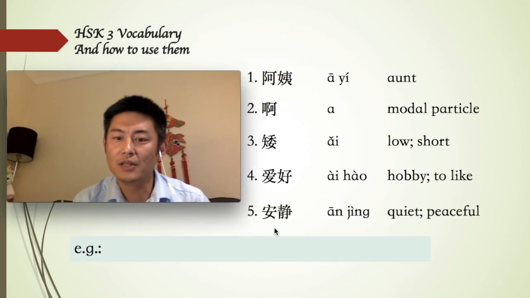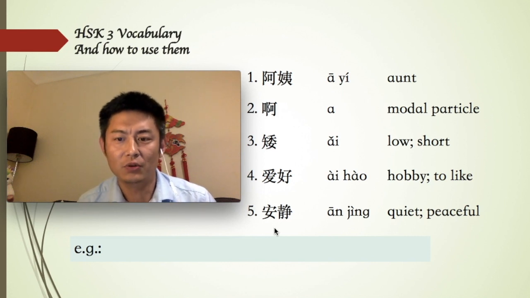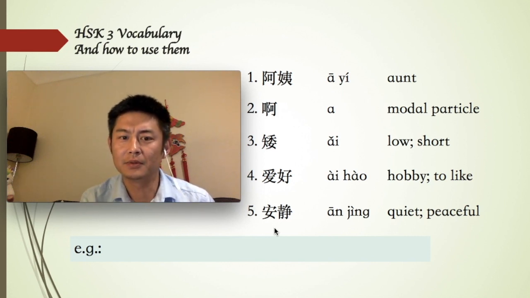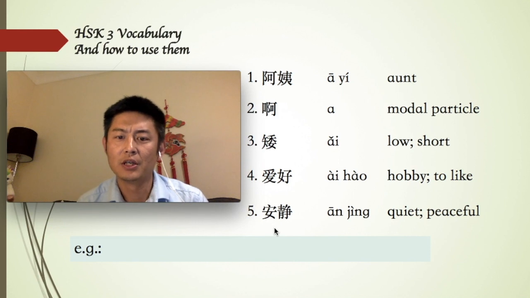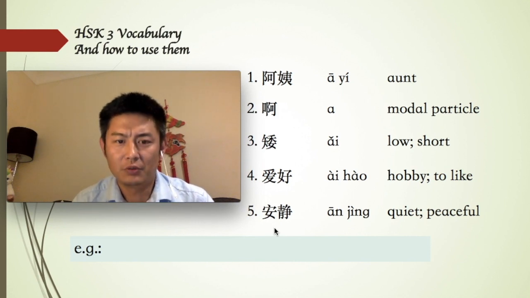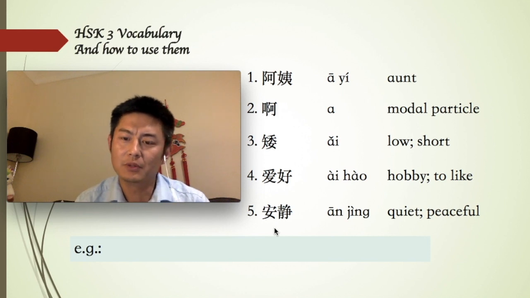The last one is 安静, quiet, or peaceful, or silence. As a teacher, I love to use this word with my very noisy students. 安静! That's what I say in class when I want them to be quiet. Or it can be peaceful. It could be a place like 爱尔兰很安静. Ireland is very peaceful. It's actually too peaceful.